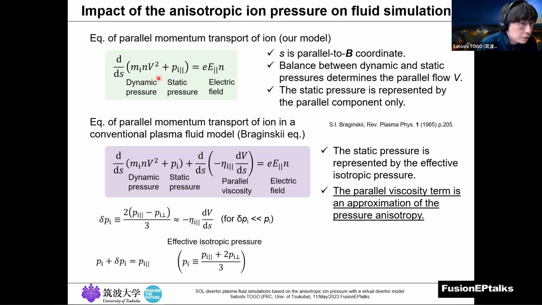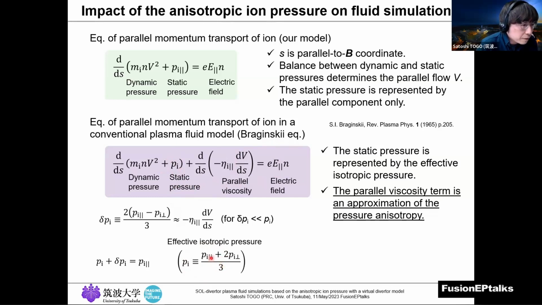On the other hand, in the conventional plasma fluid model, which is known as Braginskii's equations, the corresponding equation is this one. In this model, the pressure anisotropy is not explicitly considered. And please note that the static pressure is represented by the effective isotropic pressure P, which is defined by this equation in terms of P-para and P-perp.